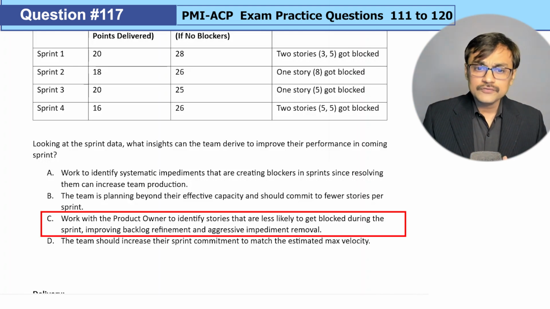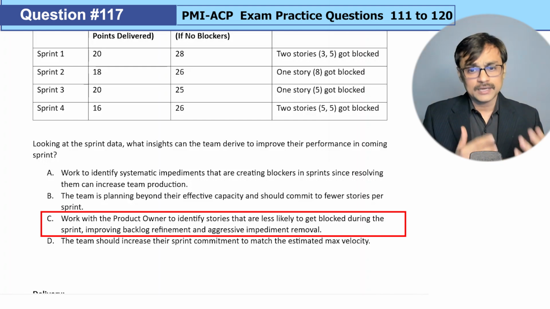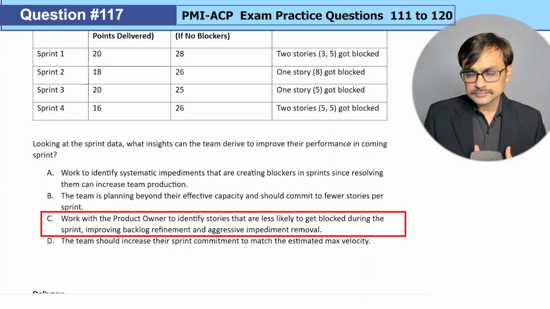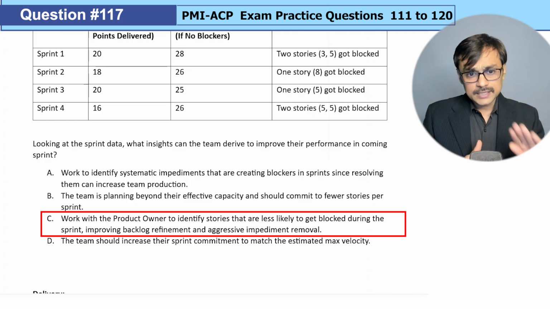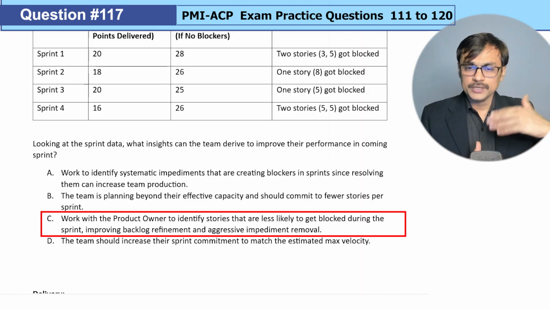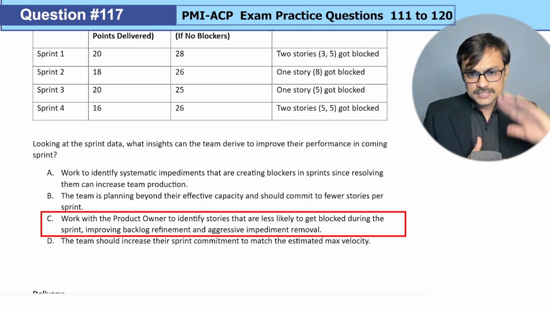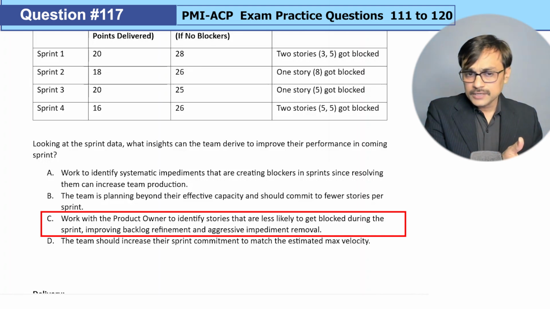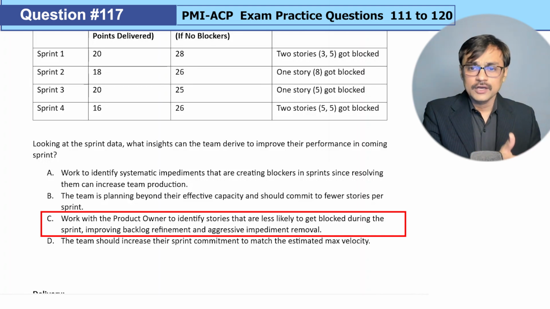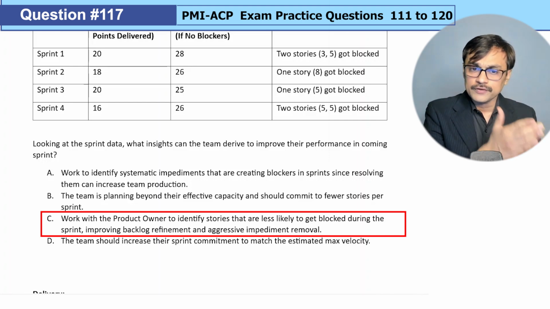Option C, work with the product owner to identify stories that are less likely to get blocked during the sprint. Improve backlog refinement, aggressive impediment removal. In a way, C takes care of A as well, since you should be removing impediments, but it focuses on the next sprint, sprint 5, where we should take those stories which have a lower likelihood of getting blocked.